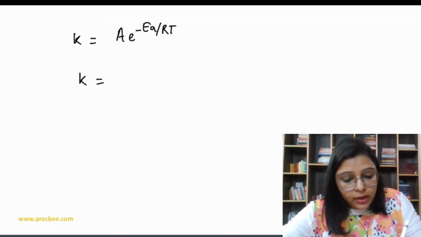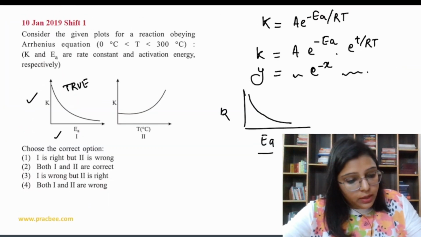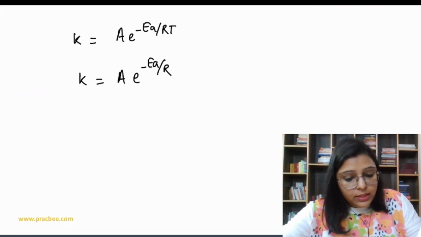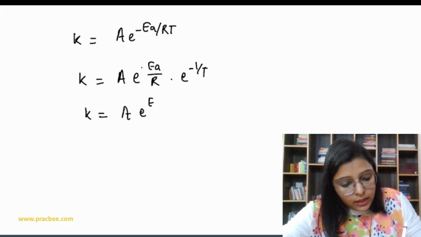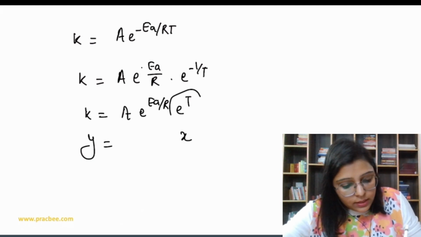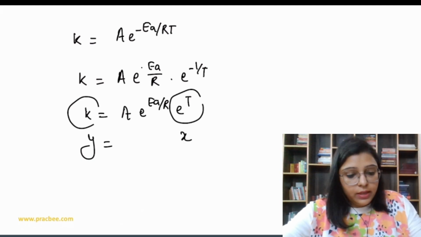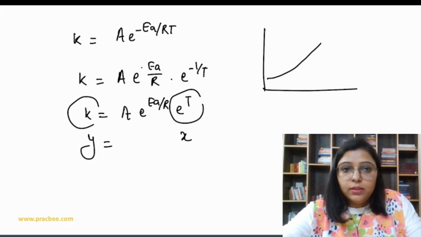So we can write K as A e to the power minus Ea over R, and then e to the power 1 by T, which we can write as K equals A e to the power Ea over R and e to the power T. So here y and that is x, so it means an exponential increasing curve, so we get this curve.